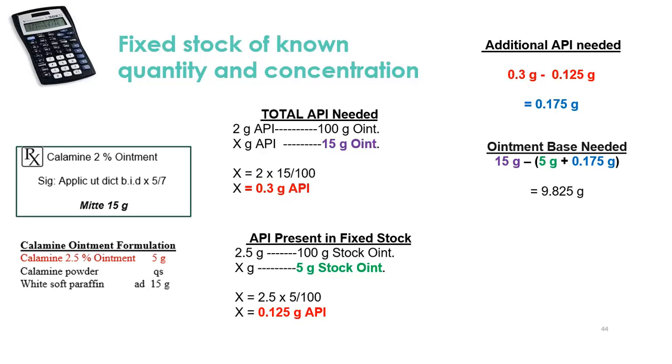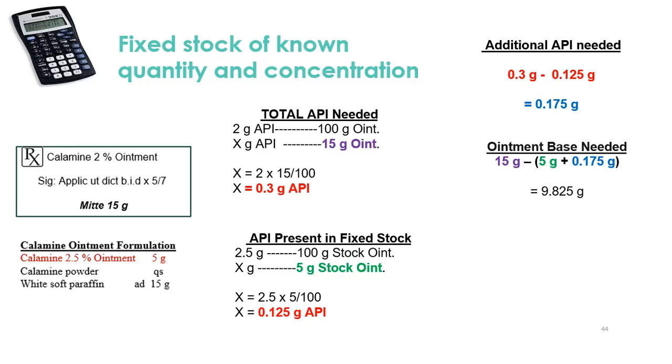And so if a student should say to me 15 grams minus 0.125 gram of calamine and minus the 0.175, so 14.7 grams of ointment base is needed, that student would be wrong. Because if you give me 14.7 grams of white soft paraffin, 5 grams of the fixed ointment, and 0.175 gram of calamine, I'm sure if you add that up, it does not add to 15.